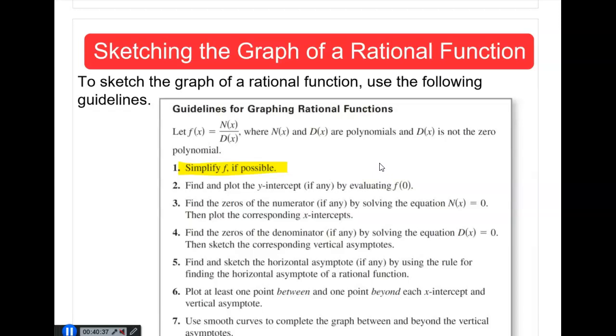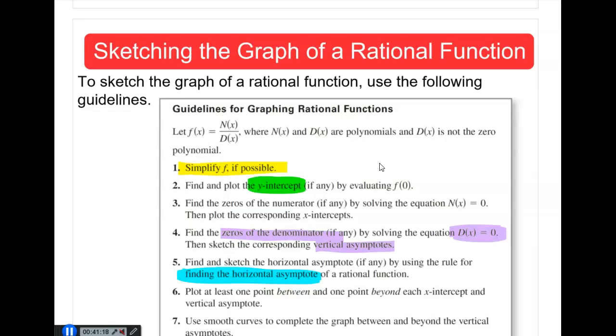Then I will probably say that finding the asymptotes is better: the vertical asymptotes by setting the denominator equal to 0, and then the horizontal ones. Those are very useful. Then from there, I will move on to steps 2 and 3.